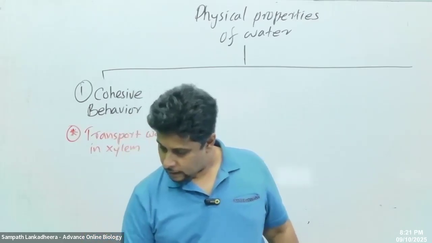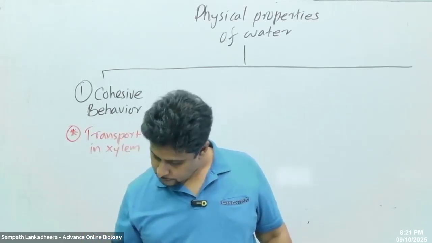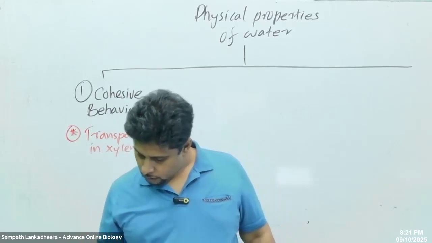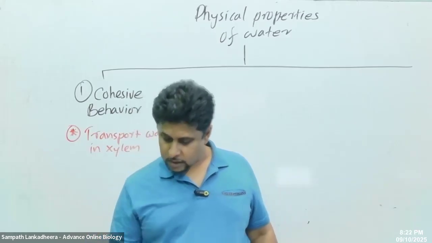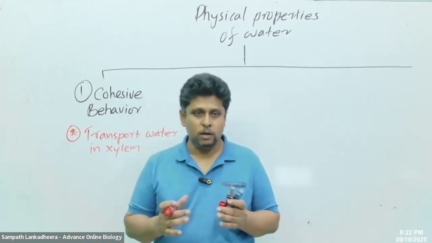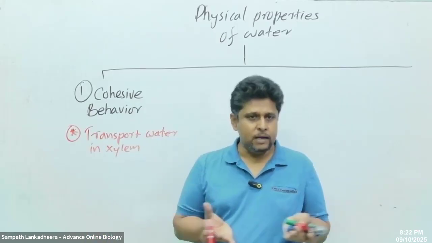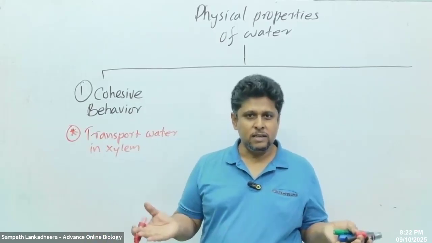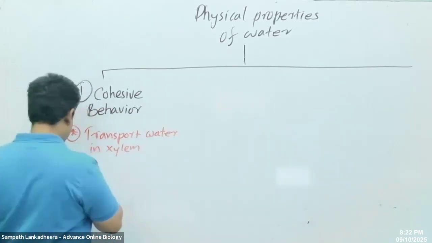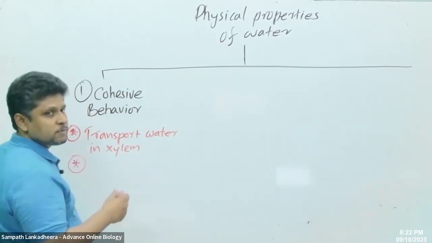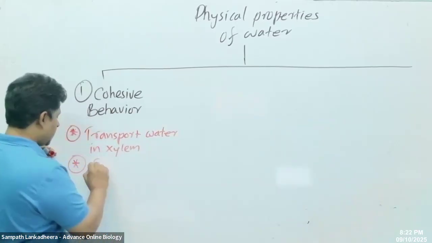So, conduction of water and dissolved substances in the xylem against gravity. And then second one, we said water molecule attractions provide the surface tension. So second one is surface tension.